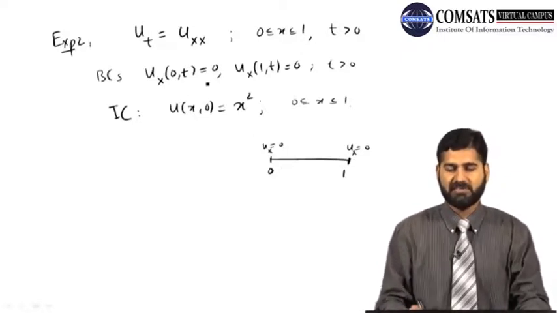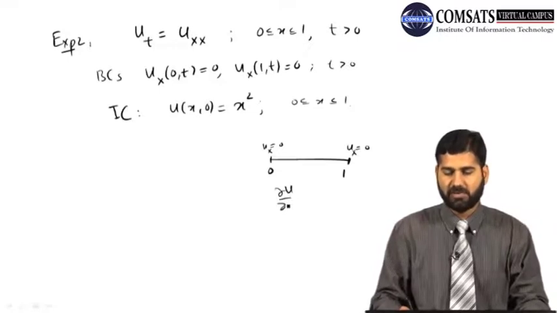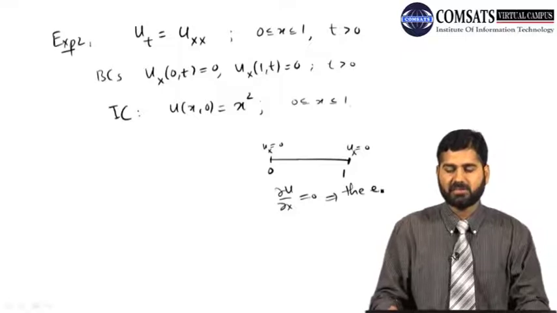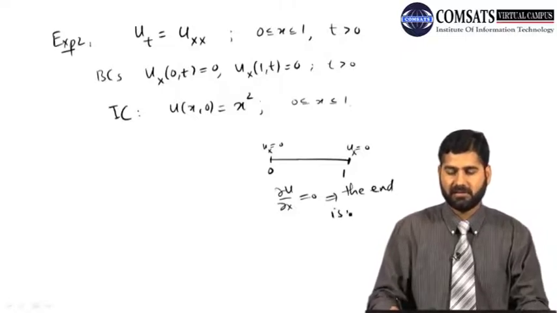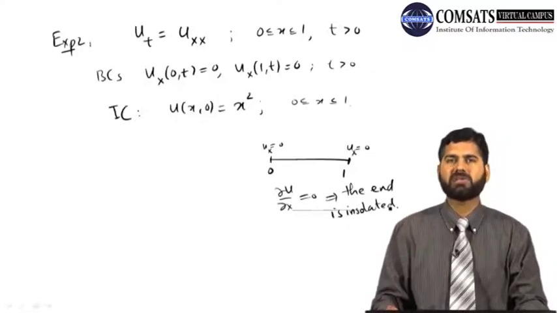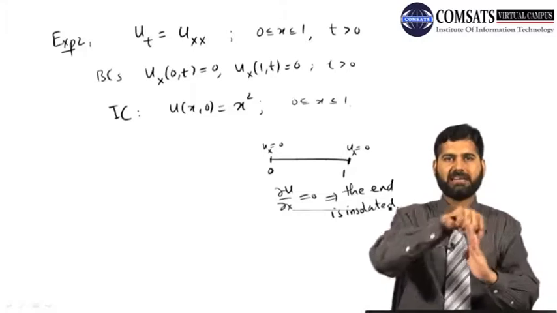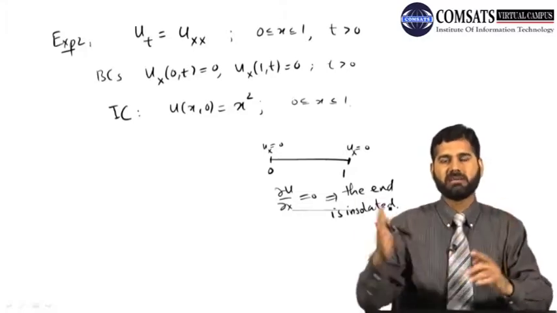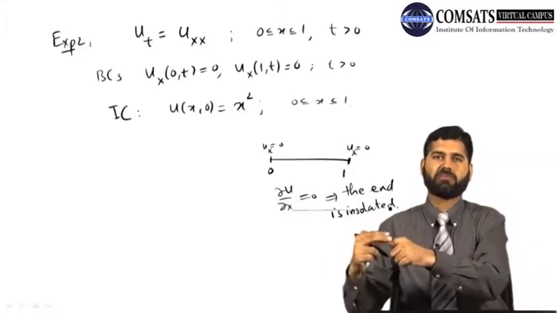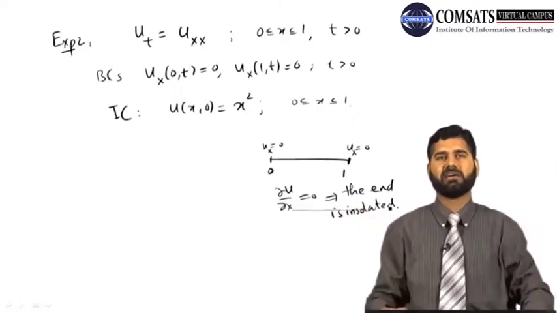Always remember, when the derivative partial u by partial x is 0, it means the end is insulated. What do we mean by insulated? It means there is perfect insulation, no heat can enter or escape from this end. Similarly, no heat can enter or escape from this end. Insulation means that.